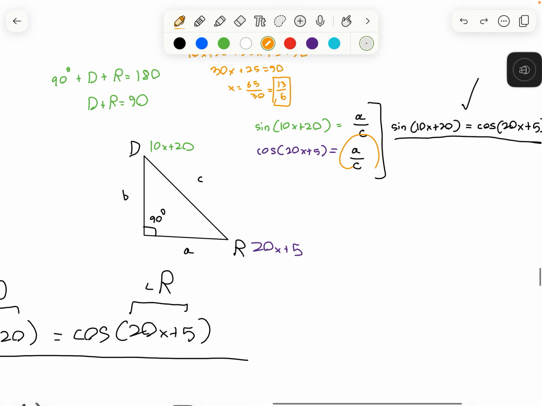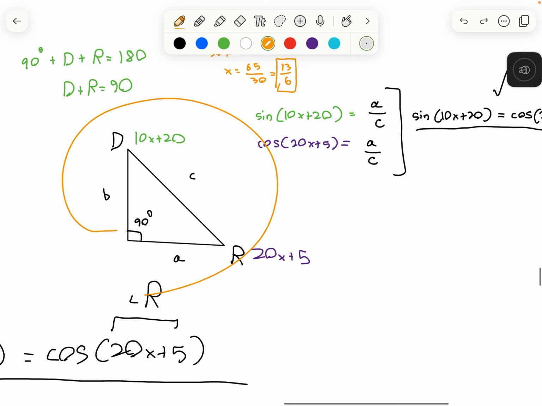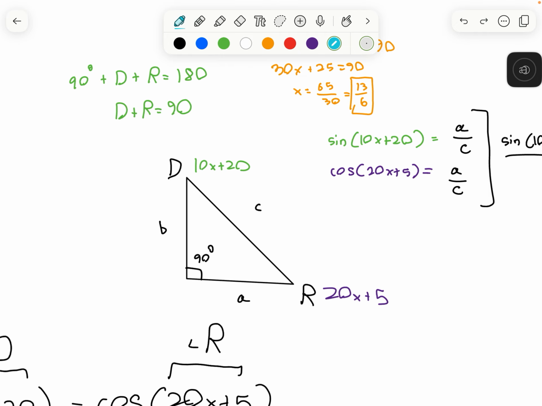That would also be A over C. And now that you've proven that this equation still holds true, given that it's a right triangle, you can go ahead and find the value of x using some angle logic, just using the fact that all of them add up to 180. So that's why in this video I named this, I just realized it's a right triangle, because it is, and that makes it much easier.